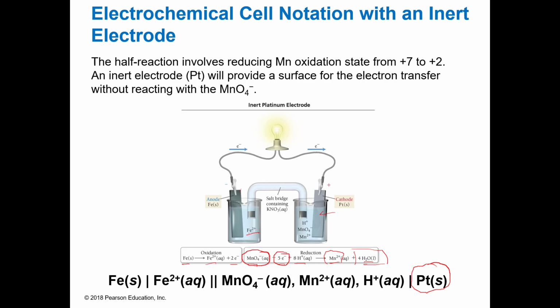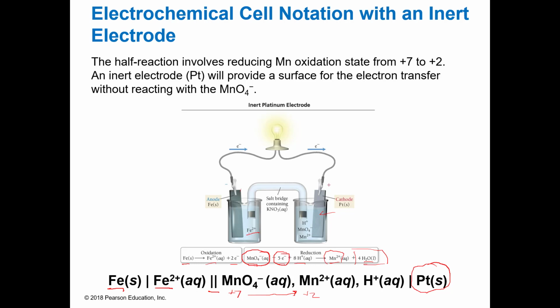So how do you know that you probably have an inert system? Well, here's my anode. Here's my electrolyte. That part looks exactly the same. There's my salt bridge. But over here, this manganese ion has an oxidation state of positive 7, and here it's positive 2. So here we can see that reduction is occurring.